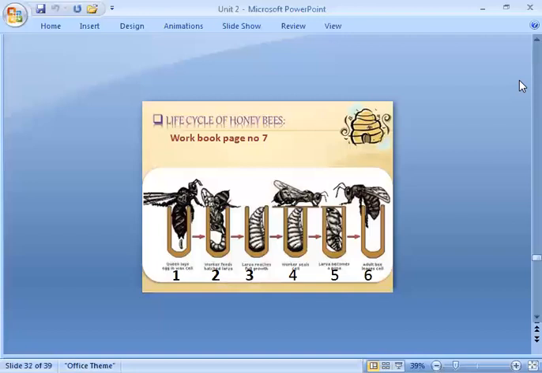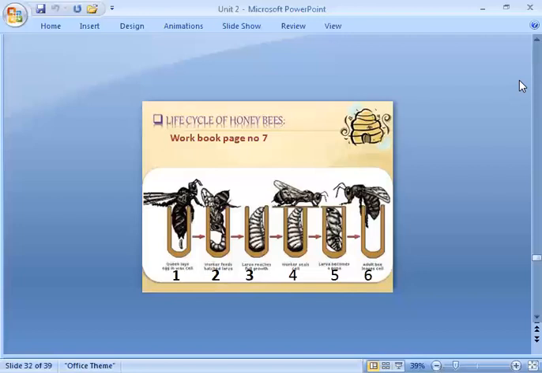Student, here is the life cycle of honeybee. Workbook, page number 7. There are 6 stages. Stage 1. Queen lays egg in wax cell. Stage 2. Worker feeds caged larva. 3. Larva reaches full growth.